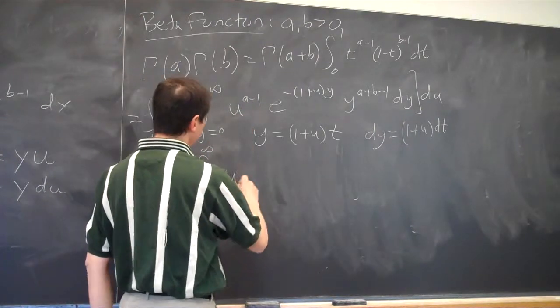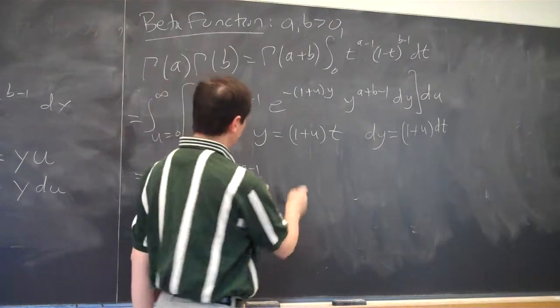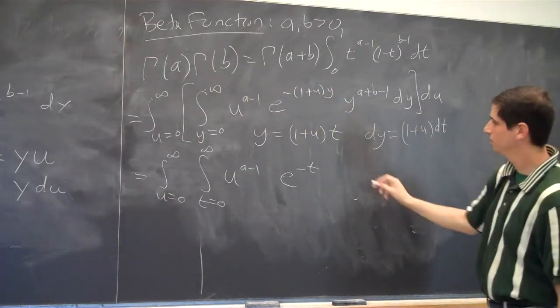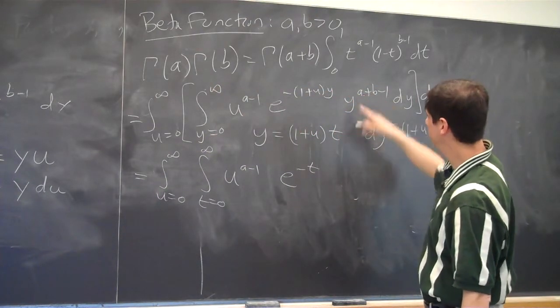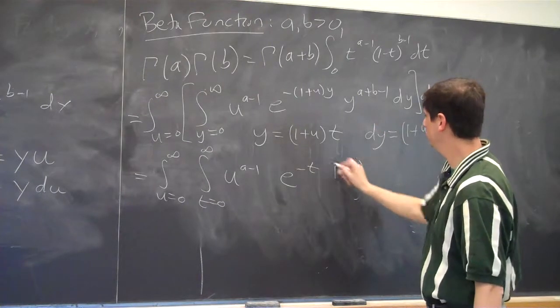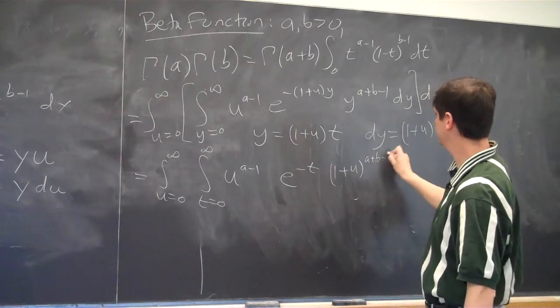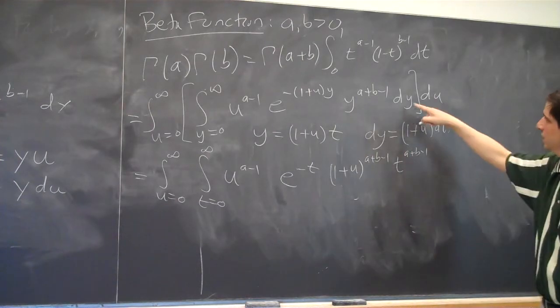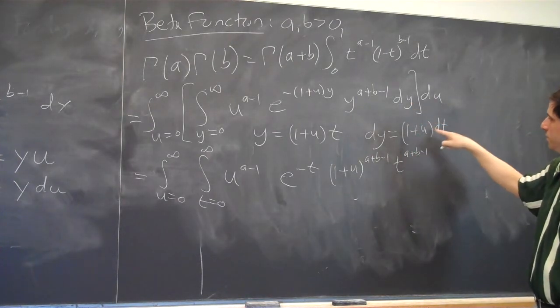I've got a u to the a minus 1. I have an e to the minus t. y becomes 1 plus u times t, so 1 plus u to the a plus b minus 1, t to the a plus b minus 1. dy is 1 plus u dt.